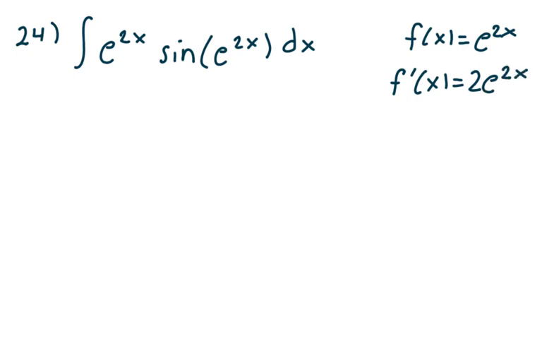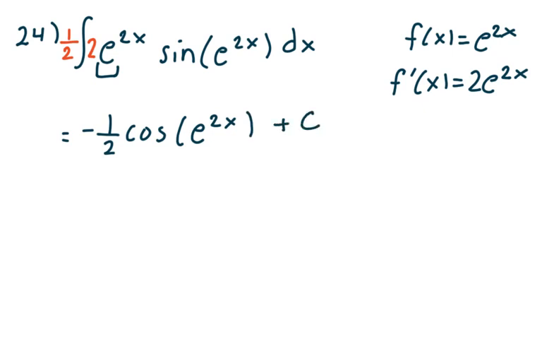So notice how my derivative is missing a factor of 2. So I have to stuff that in. But I can't just do that unless I multiply the integral by a half. Because remember, 1/2 of 2 is 1. And so this is negative 1/2 cosine of e to the 2x plus c.